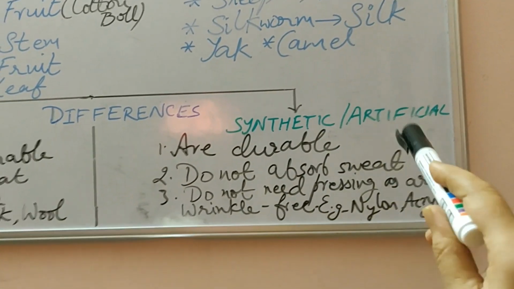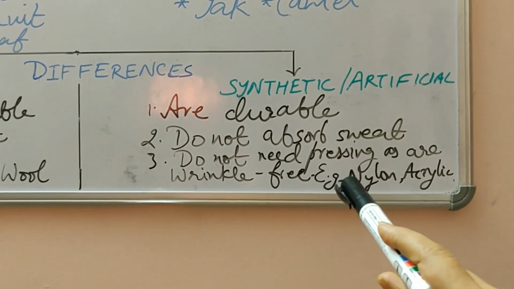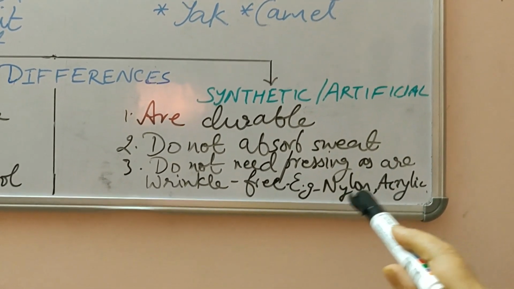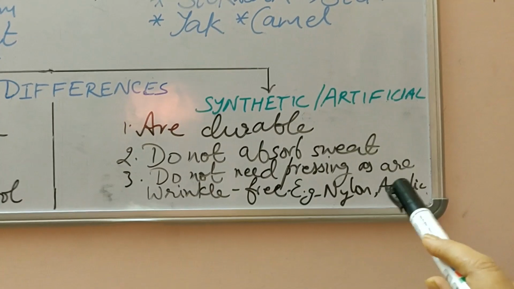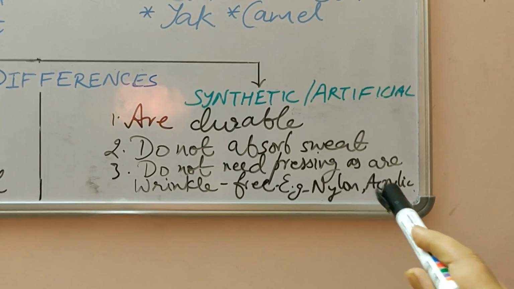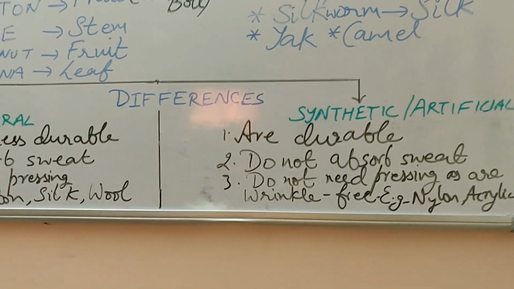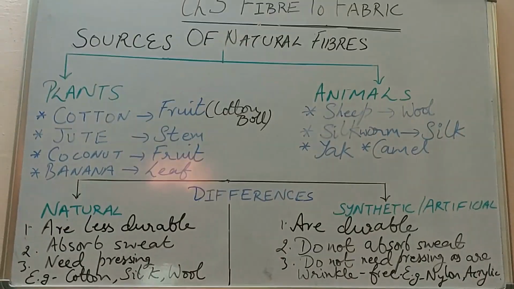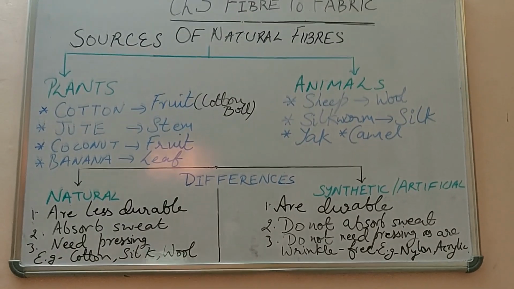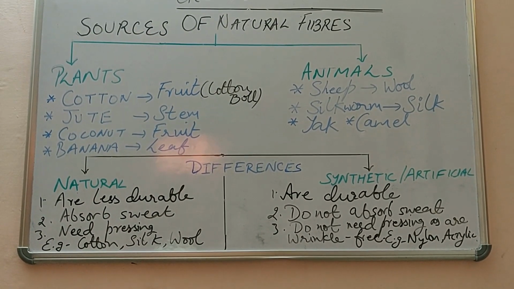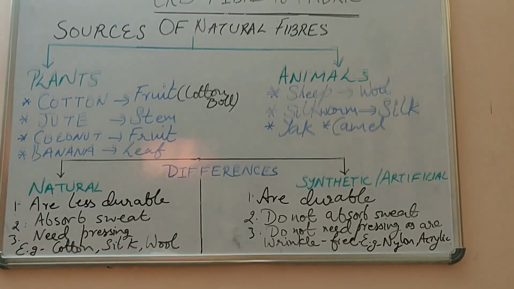But artificial or synthetic fibers have these examples, that is nylon, acrylic, rayon, Orlon, all this you have studied. Polyester is also there, that is all synthetic fibers. So I hope you will be easily able to do the two questions, that is first one based on sources of natural fibers, and second one based on the differences between the natural and synthetic fibers.